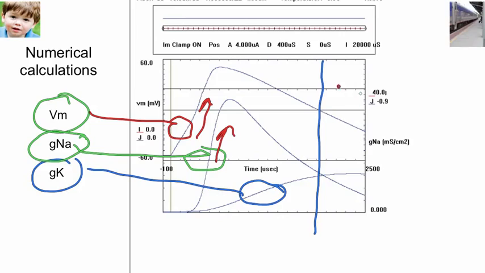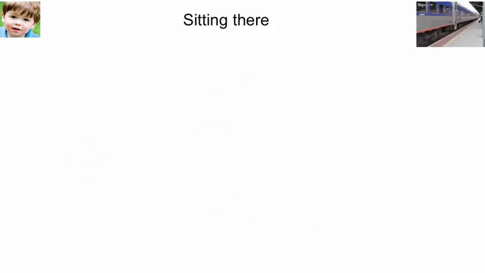Vm goes down because GK comes up. If we do it diagrammatically, sort of drawing ourselves a few pictures, let's look at that process again as we understand it by looking at these numerical results.